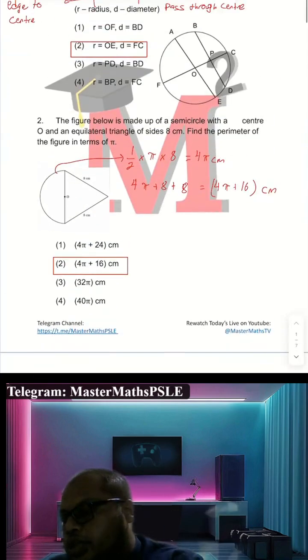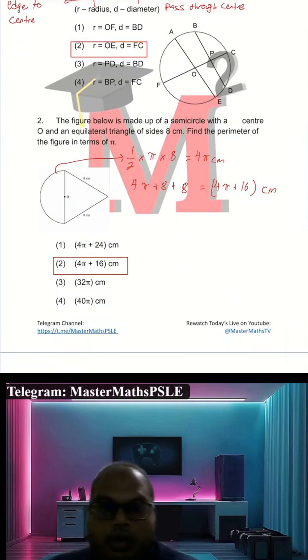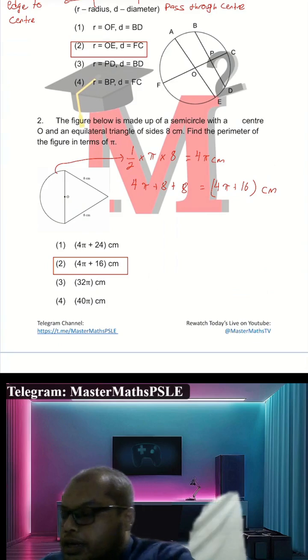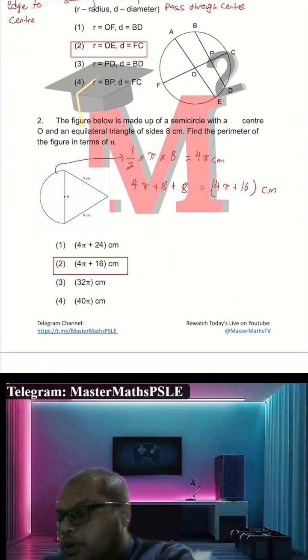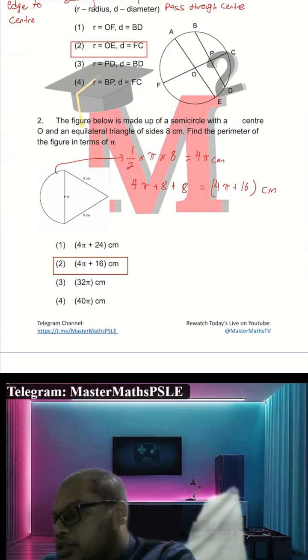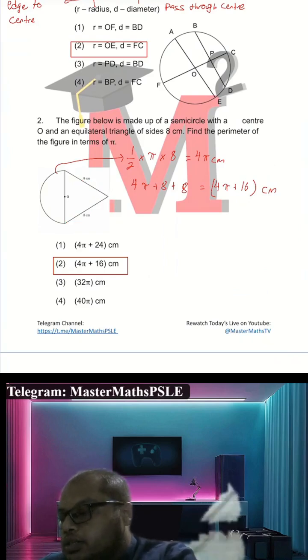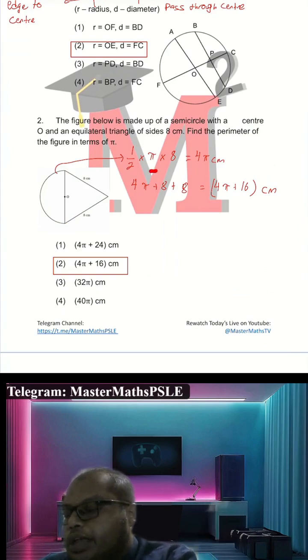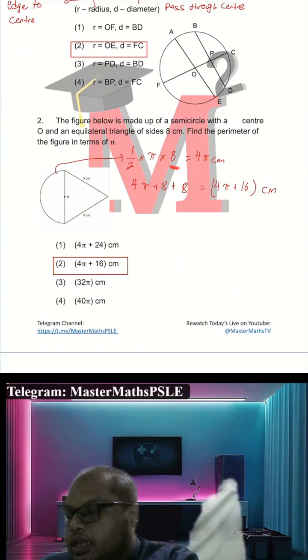Okay, now we go to the next one. This one is about perimeter, right? So it's circumference of this semicircle plus 8 plus 8. So the semicircle is half times pi times 8. Why 8?